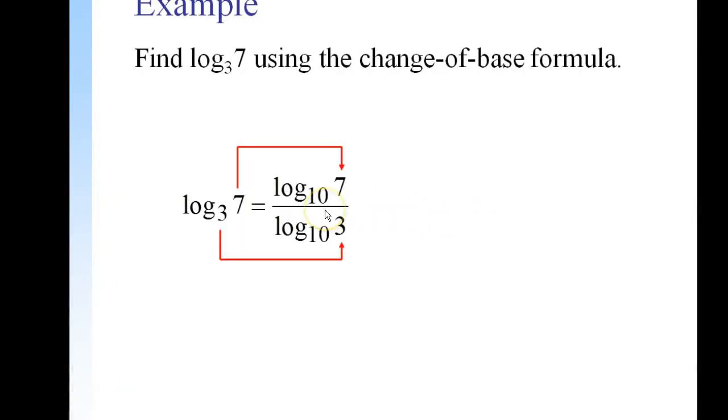So here is an example. Now notice they're asking you to use the change of base formula to calculate this. There is your M, and then they're putting in the log base 10, and then the 3.